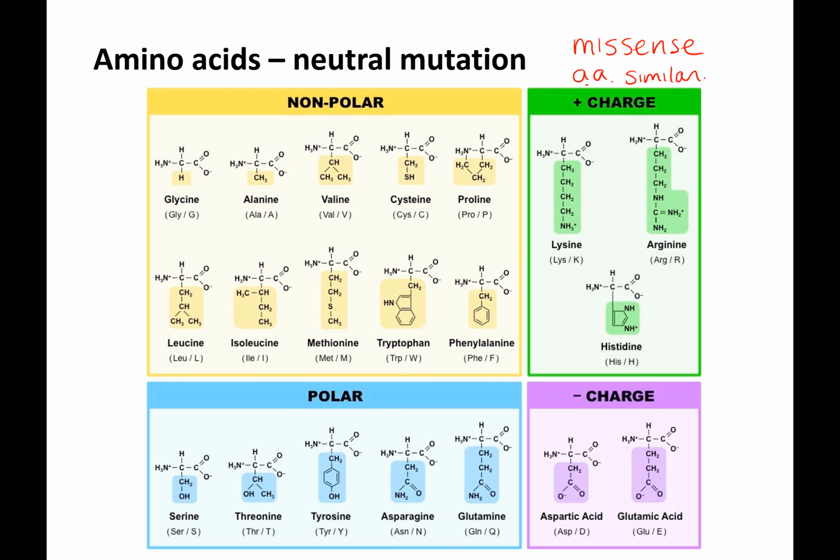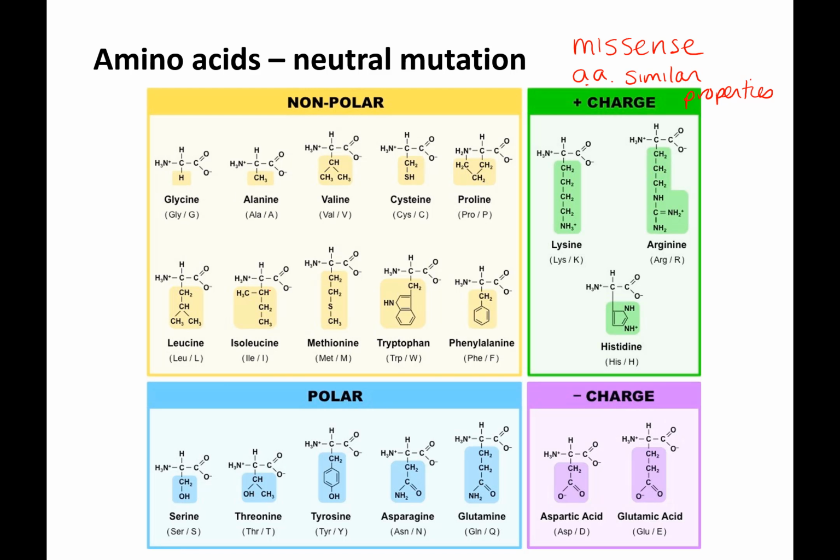I was talking about this a little bit in class. And so you might have a change in a codon that gives you a missense, and glycine is now alanine. Okay. These amino acids are very similar.